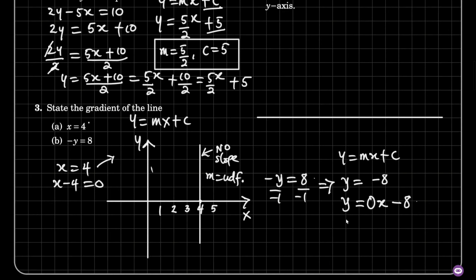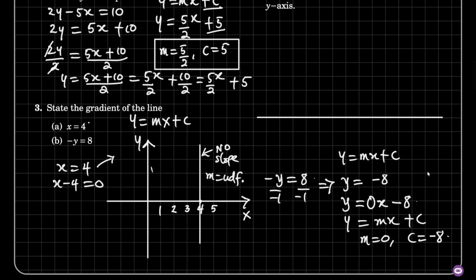Okay, so by matching that up again with y is equal to mx plus c, we see that m is equal to 0 and c is equal to negative 8. So which means that this line has zero slope and has an intercept of -8.